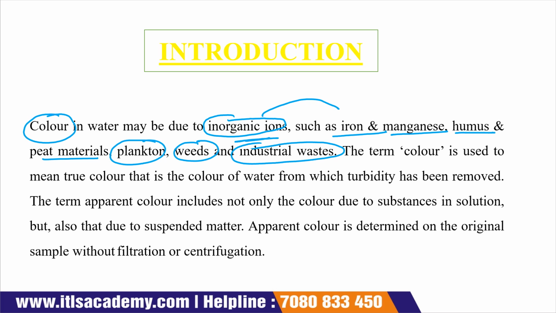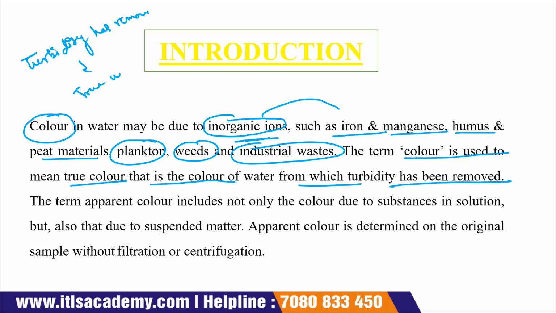The term color is used to mean true color, that is the color of the water from which turbidity has been removed. When the turbidity is removed, the true color of the water appears.